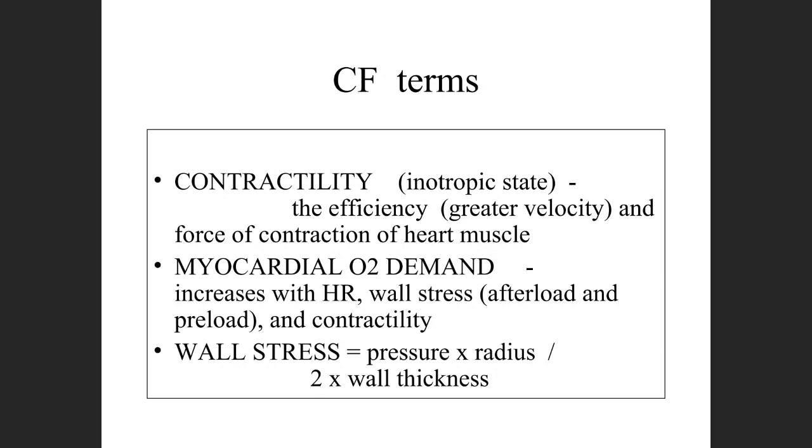And wall stress is equal to the pressure in the chamber times the radius over 2 times the wall thickness. So the wall stress has an inverse relationship to the wall thickness. So when there is hypertrophy of the muscle, it tends to reduce the wall stress.